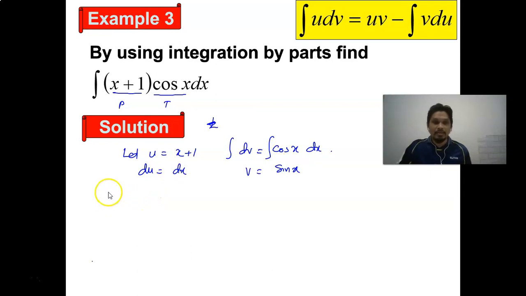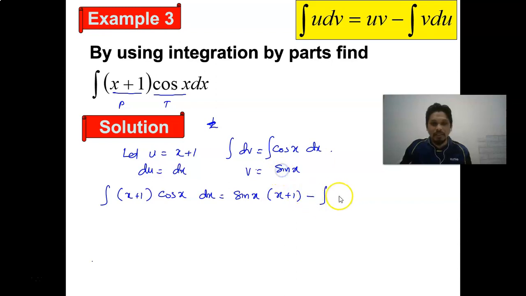So the integral of x plus 1 cos x dx equals uv: sine x times x plus 1, minus the integral of v, sine x, du equal to dx.